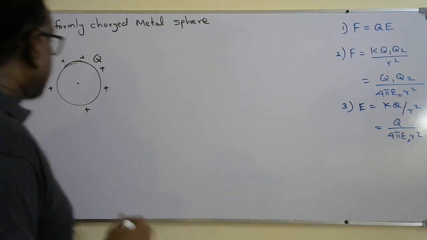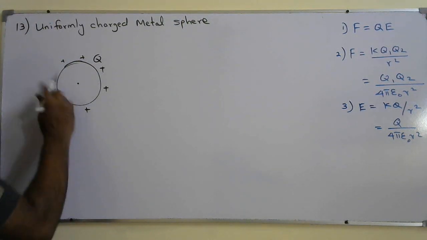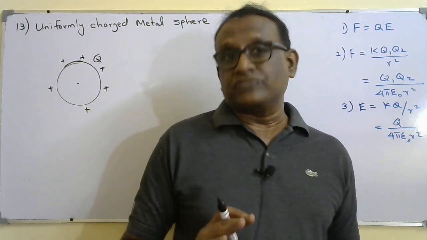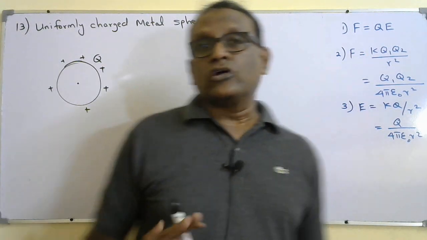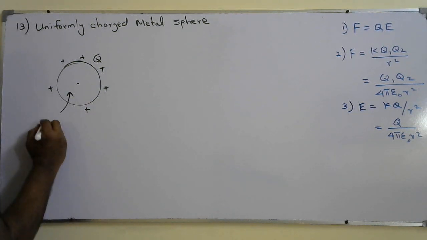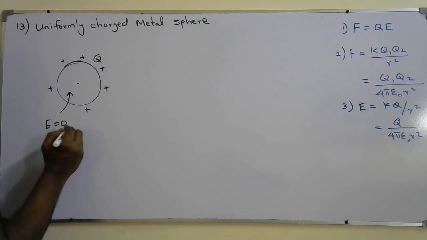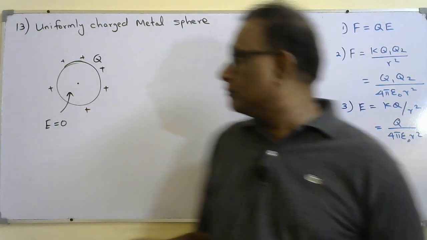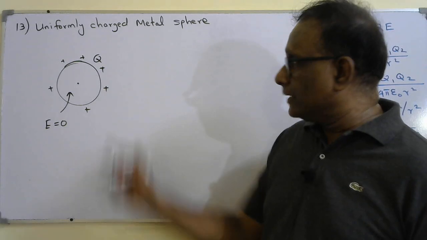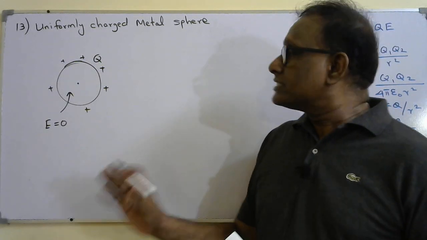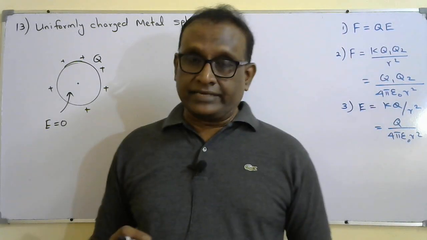So inside the metal sphere. When it comes to a metal sphere, it's not a hollow sphere, it's a solid sphere. The whole part consists of metal. So inside the metal, the electric field strength is equal to 0. There could be a question, why is the electric field strength inside the metal equal to 0? The answer: it carries static charges. Static charges means they must be at rest.